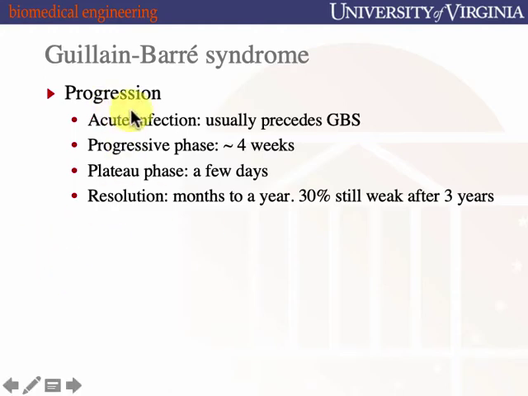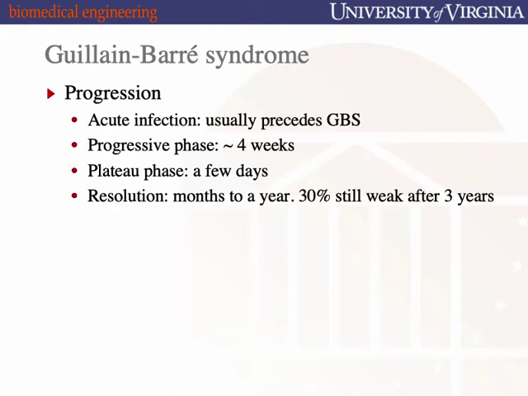All right. Progression. So it's going to follow a pretty straight progression, unlike a lot of neuropathies. We don't understand the progression of autoimmune diseases. In the case of Guillain-Barré, we have a pretty good indication of how this progresses. So it starts with some type of acute infection that's going to precede all of the follow-on impacts.